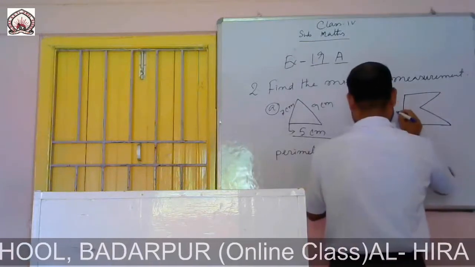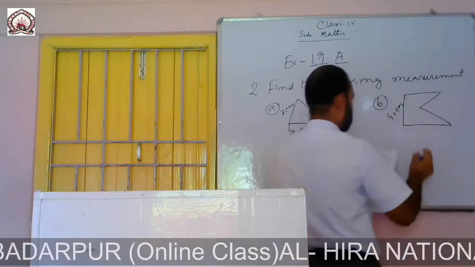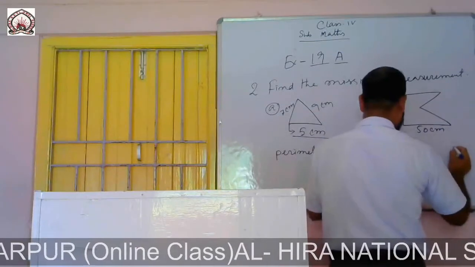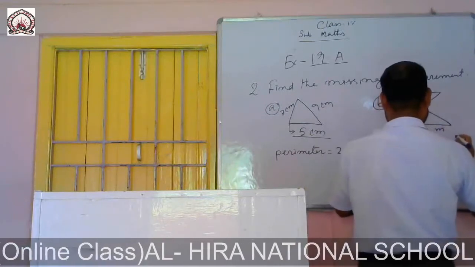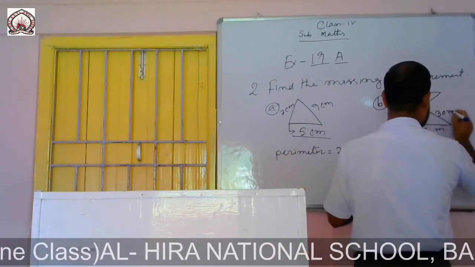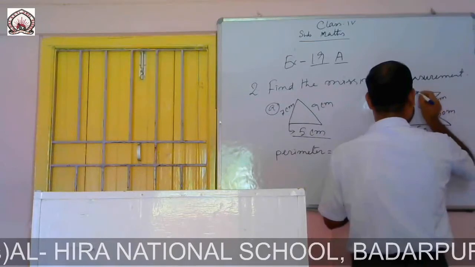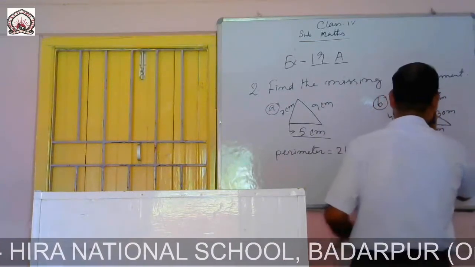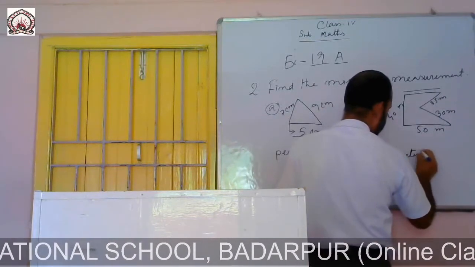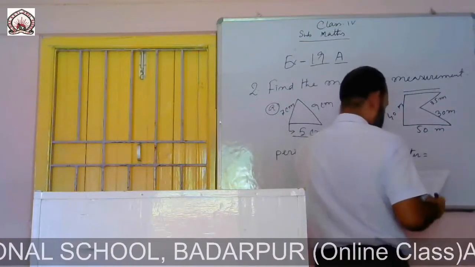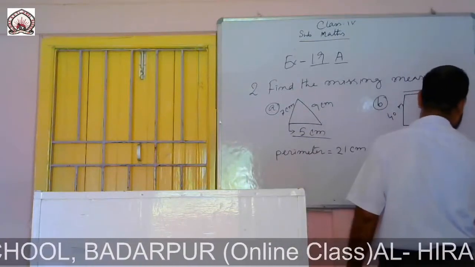So here given 40 centimeter, 50 meter, 30 meter, then this side 35 meter, and we take out this side. Perimeter equal to 200 meter.